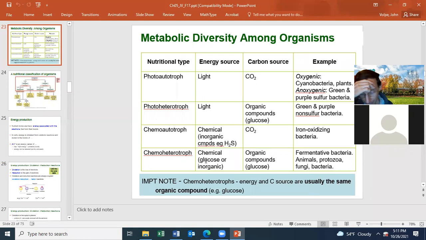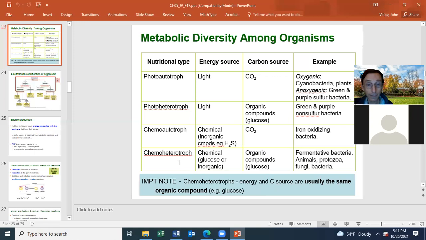And the other way is those that get their electrons from an inorganic chemical compound, and mostly that'll be the chemosynthetic bacteria. It could be from an inorganic compound like ammonia or iron or a nitrogen compound or a sulfur compound.